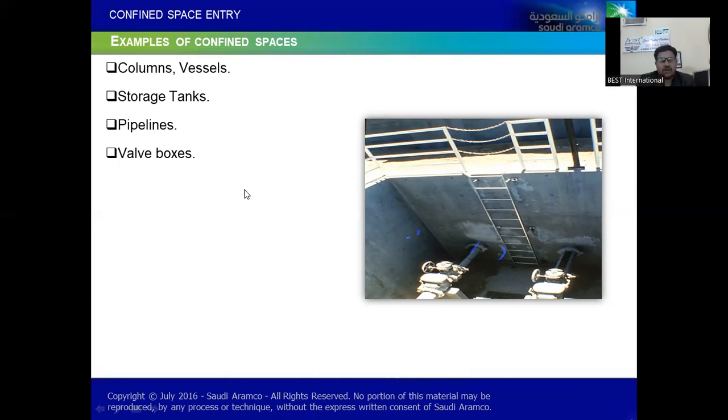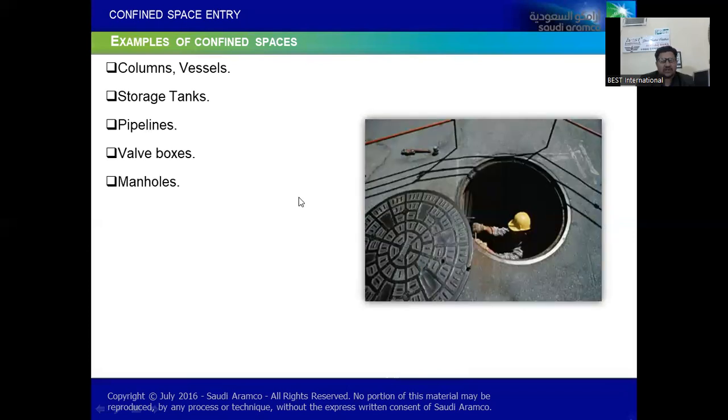Inshallah. We're talking about the examples of confined spaces: the manholes. You can look at it in the picture, and one picture is louder than a thousand words, so I hope it's quite straightforward.